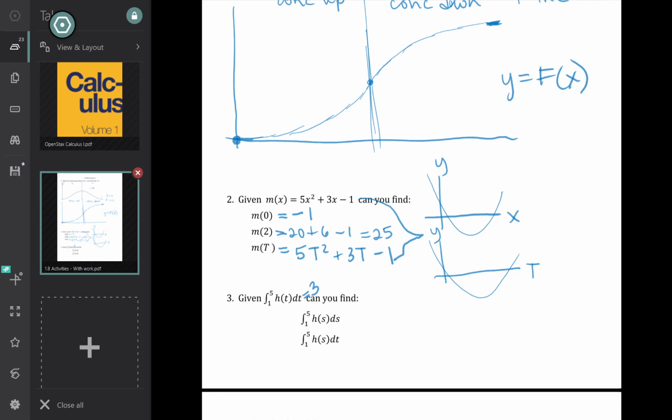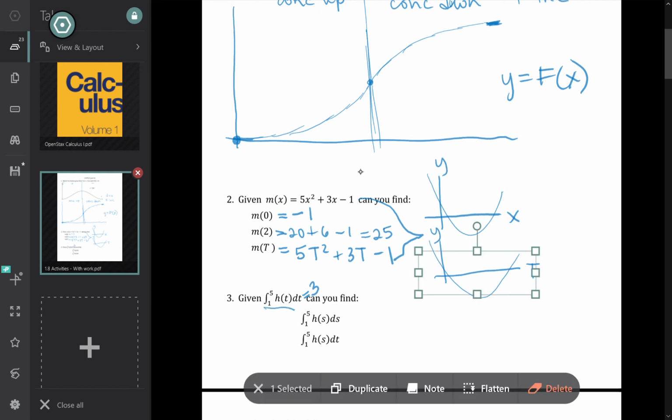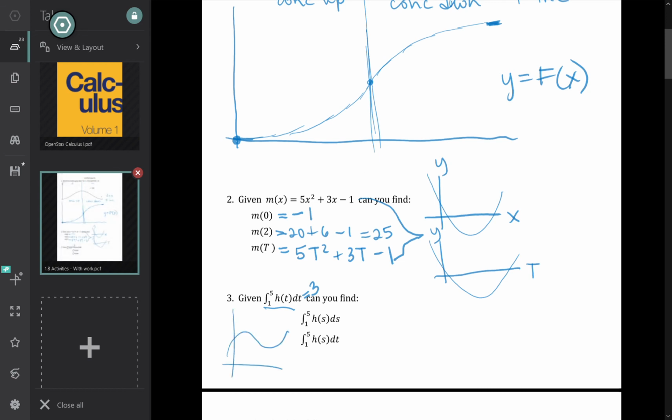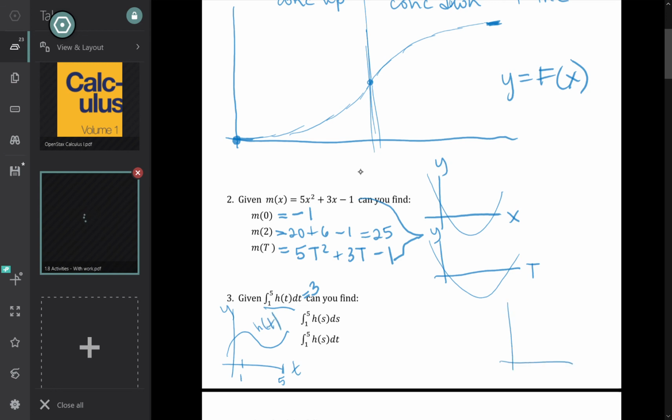This ties right back into what we just said. If I am integrating h of t with respect to t, let's say h of t looks like this, and this is 5, and this is 1, with t on the horizontal axis and h of t on the vertical. If I tried to graph h of s with respect to s, it should look exactly the same.